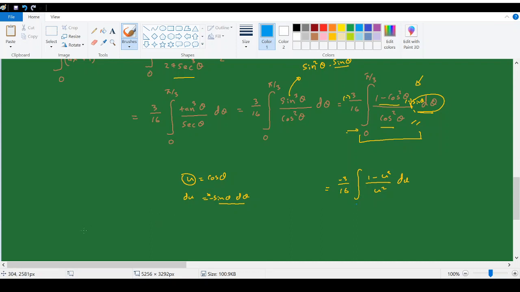So when theta is equal to 0, u will be equal to 1, right? And when theta is equal to pi by 3, u will be equal to cos pi by 3, which is equal to half, right? So this will be 1 and this will be half, right?